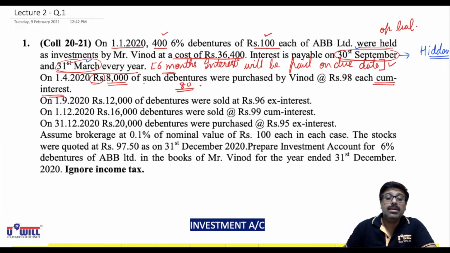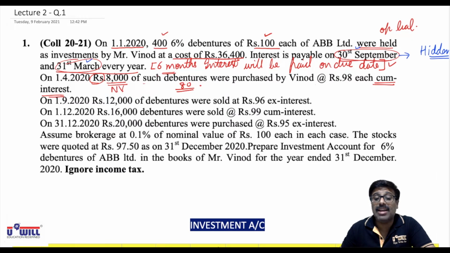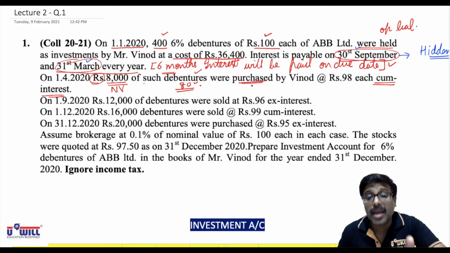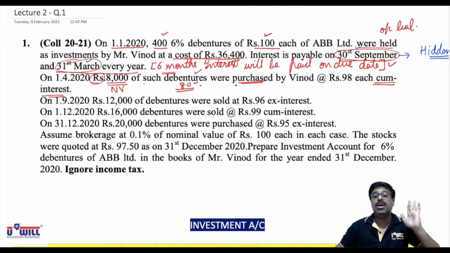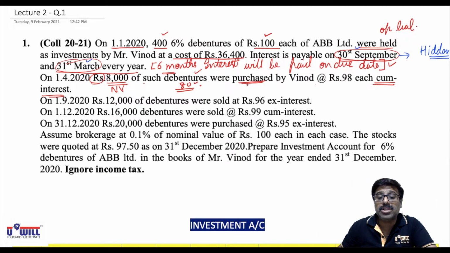I repeat, rupees 8,000 is the nominal value. It will directly come in the nominal value column. 8,000 divided by 100, 80 debentures are purchased. Purchased. PP. You all remember PP? Purchase and profit will come on the debit side. So purchase means it will be recorded on the debit side.